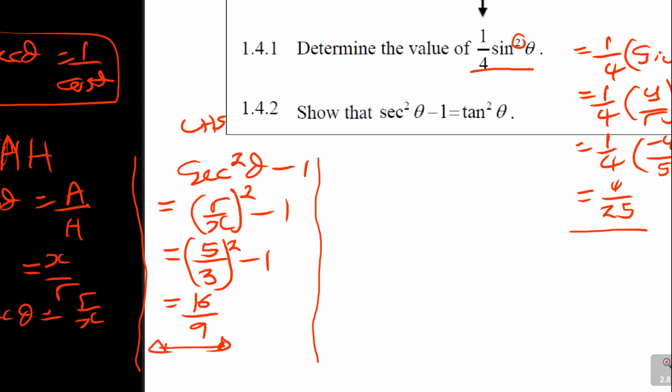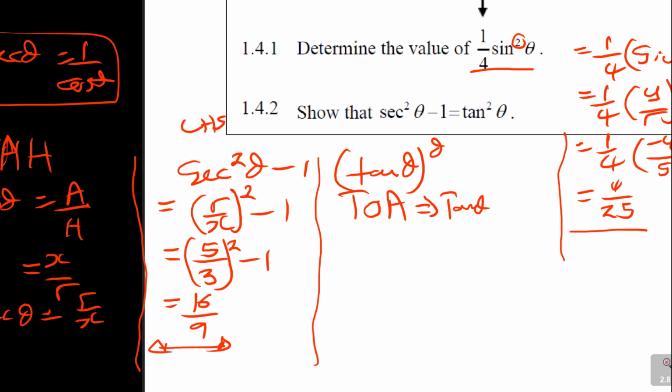Let's come back now and say, what about tan squared? Now I told you tan squared is the same as saying tan theta squared, and tan is SOHCAHTOA. Tan theta is equal to opposite over adjacent, and that is y over x. See that? So tan squared theta is equal to y over x squared.